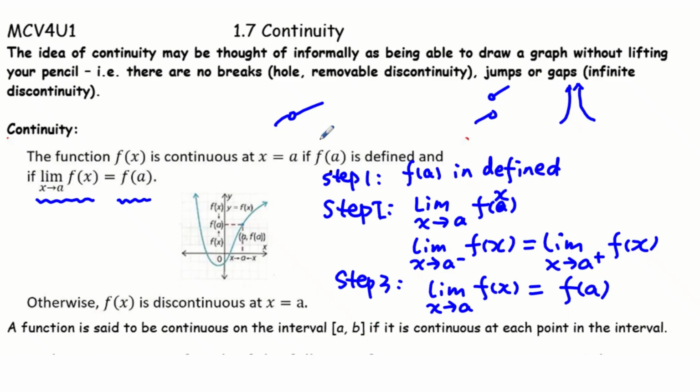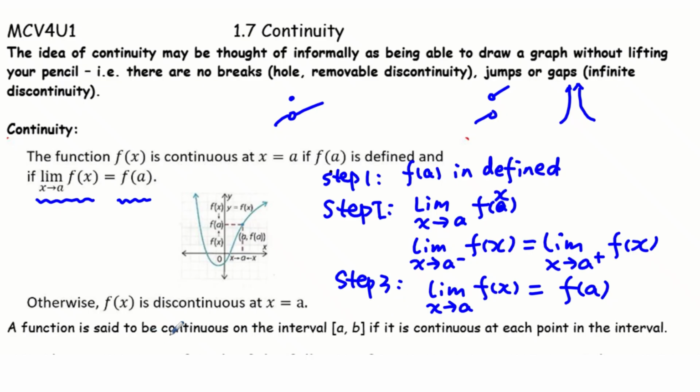If the function has a value at another point, then it is not continuous, but we call it a removable discontinuity. This is what we need to know for today, and we are going to apply those conditions, step 1, step 2, step 3, to check if a function is continuous or not.